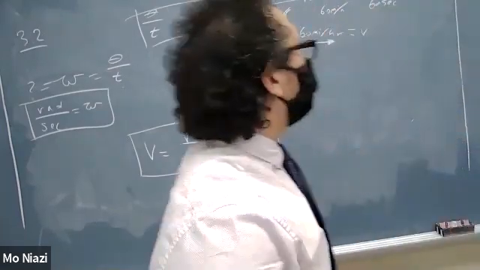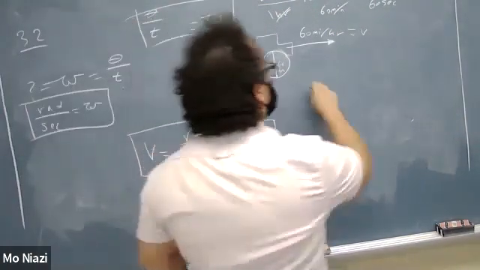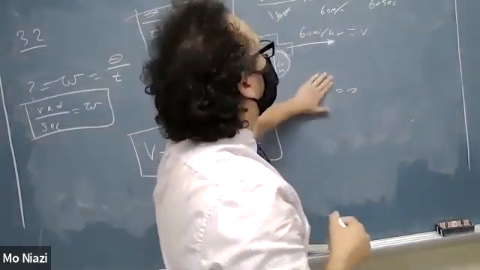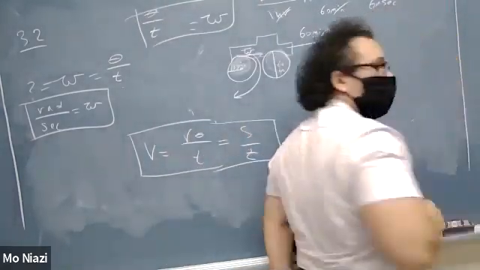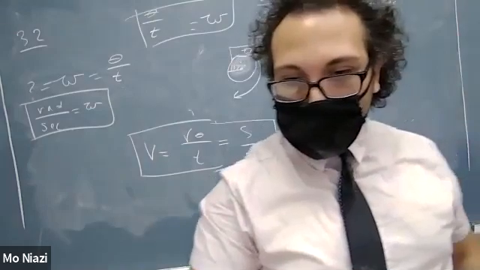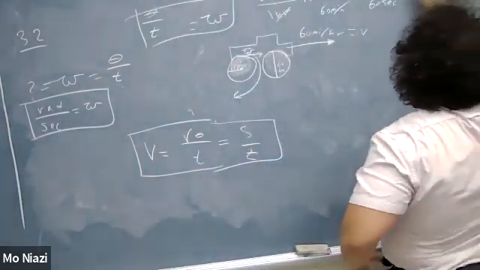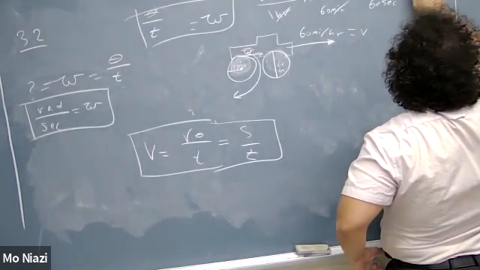Right? Because 6 times 6 is 36, but 60 times 60 is 3,600, 36 with 2 zeros on it. So this ends up equaling 0.16 miles per second.